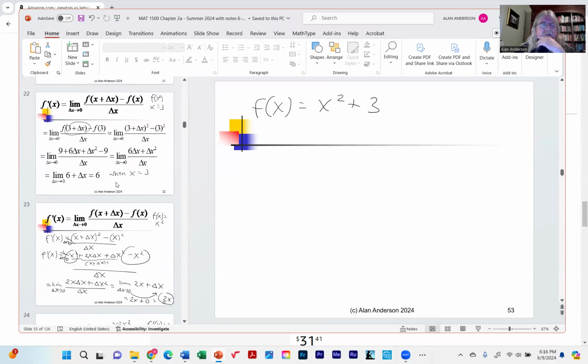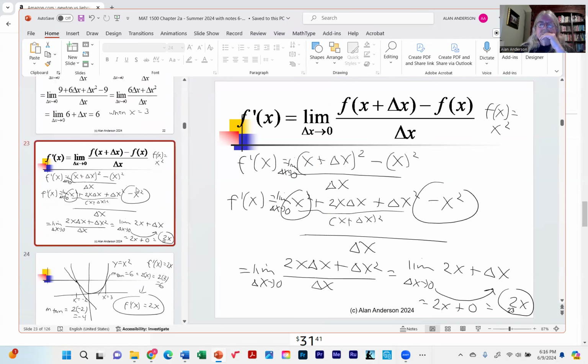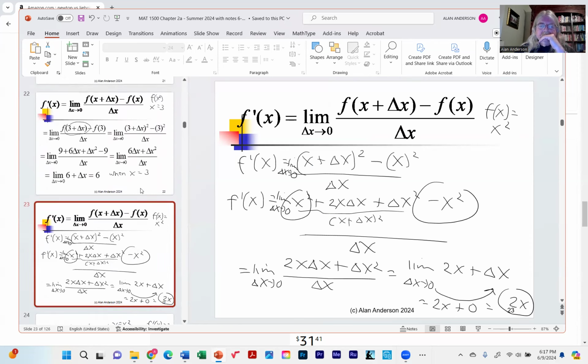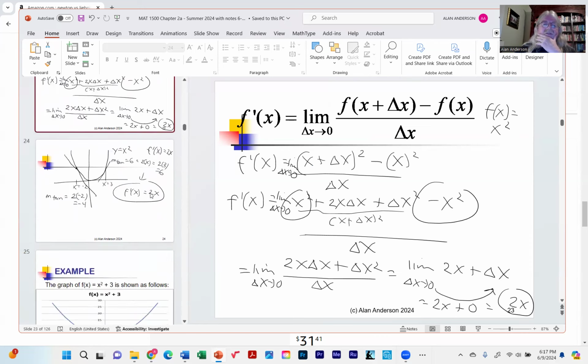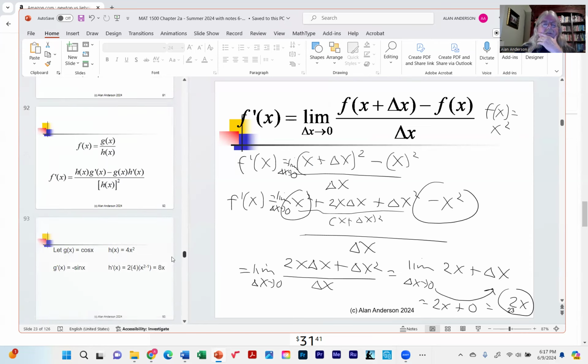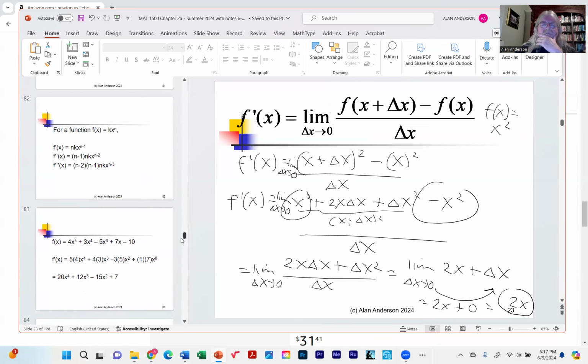Let me go find it. Here it is. No, it was just x squared. Okay. So when the function is x squared, the derivative we found with the limits is 2x. So what we're going to do now is prove it with our rules.